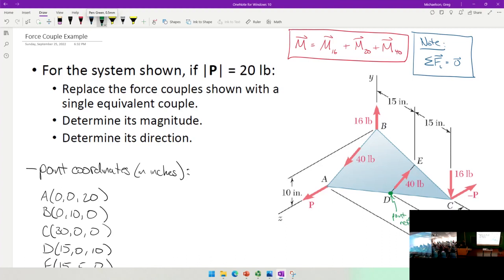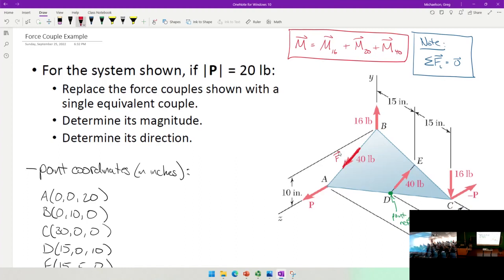Now, first off, we need the force vector, right? If our point of reference is along the line of one of the forces, then the other force is going to be our force vector. Okay? That's the force vector.